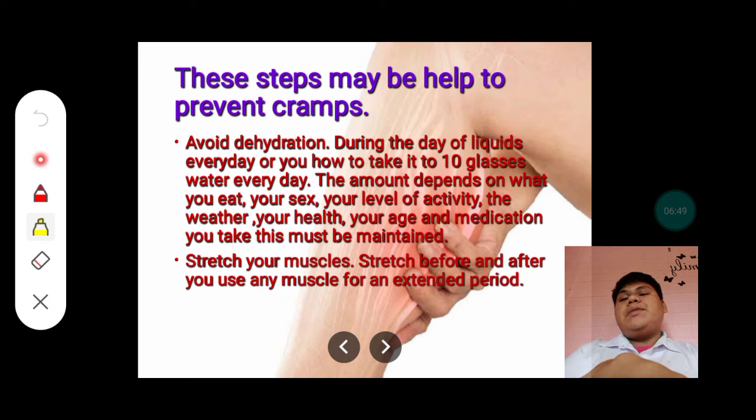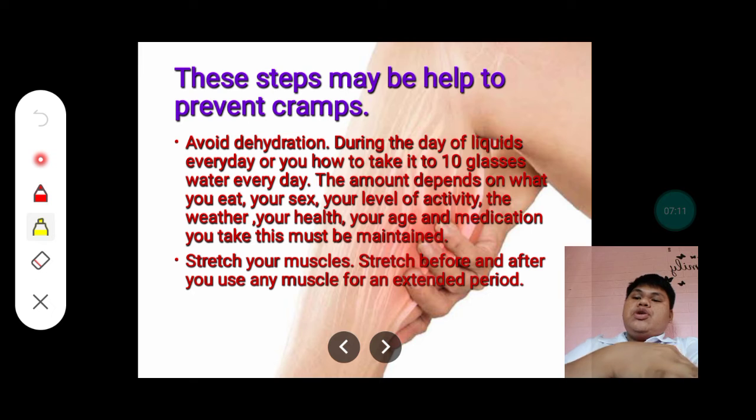These steps may help to prevent cramps. This is how to prevent muscle cramps. Number 1, avoid dehydration. Every day you have to take 8 to 10 glasses of water.